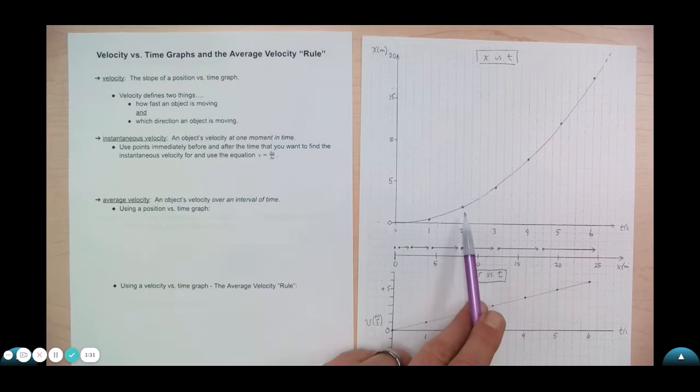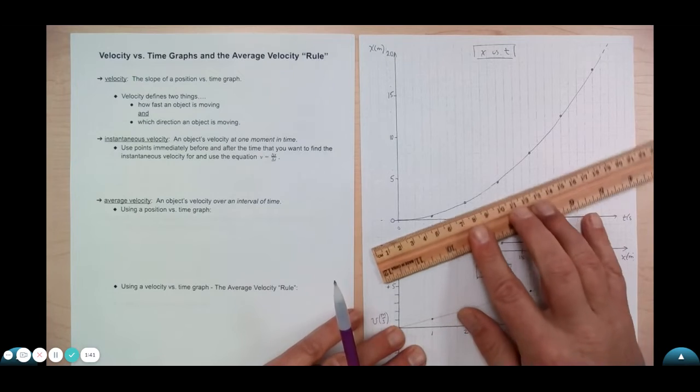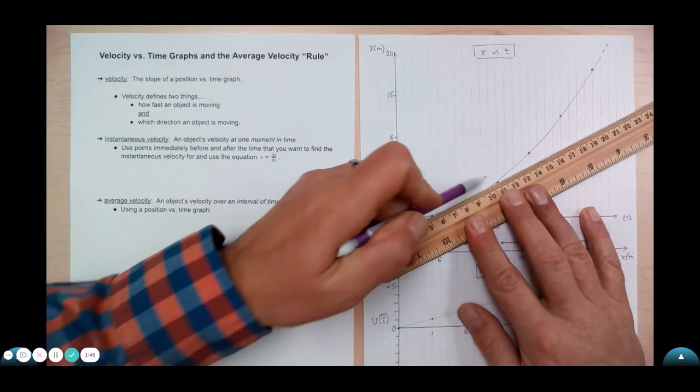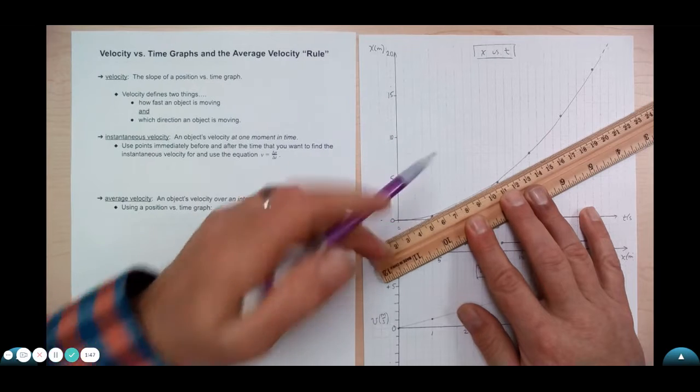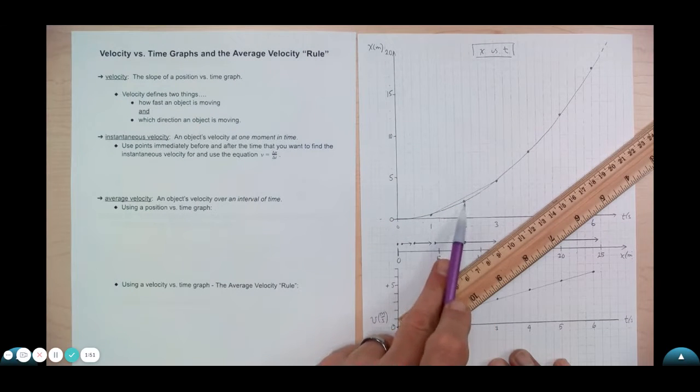But we had come up with a shortcut, a workaround, if you will. If I want to know how fast the object is going at 2 seconds, we said, all right, why don't we look at the small interval from right before to right after, and we'll figure out the average velocity over this short interval and call that the instantaneous velocity at 2 seconds.